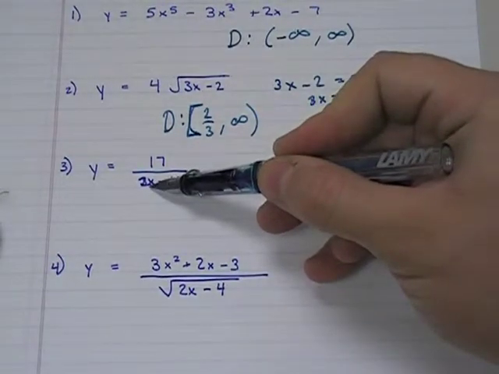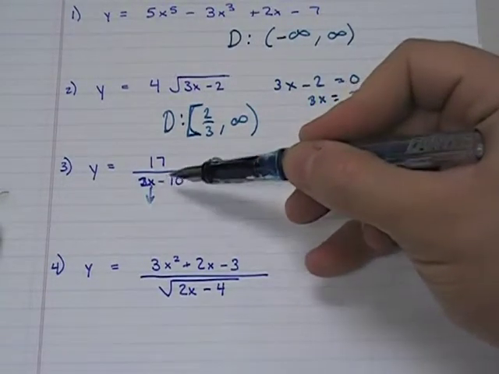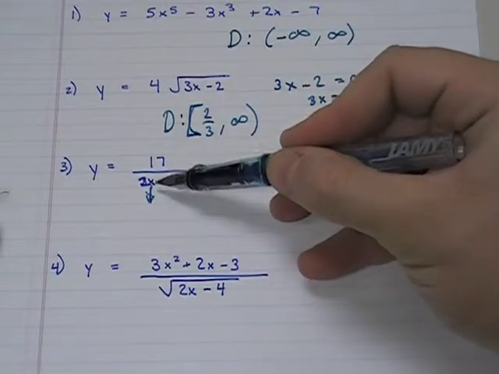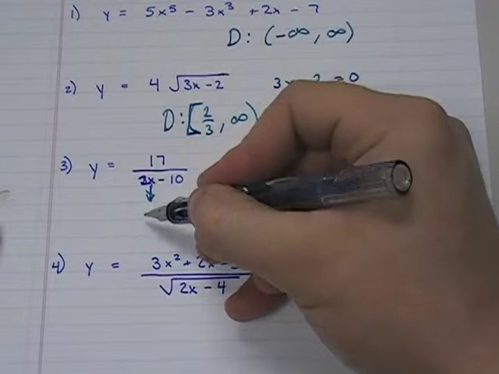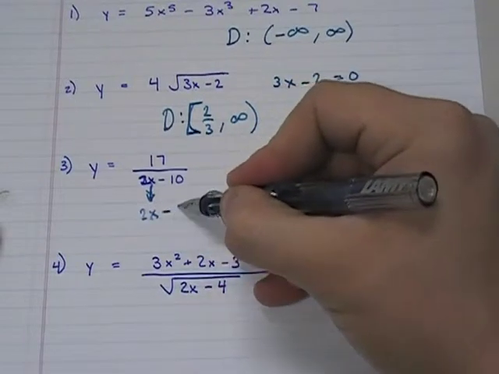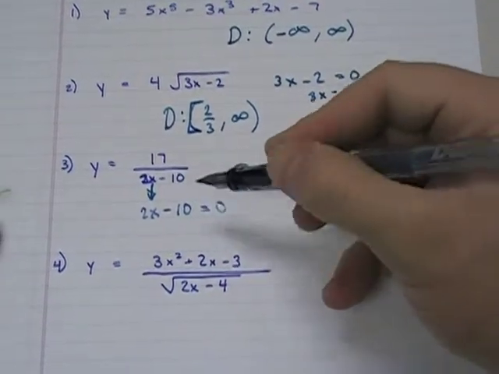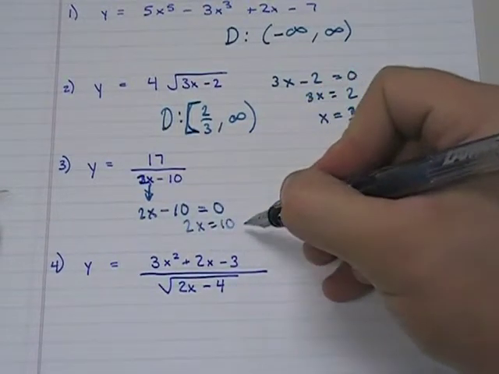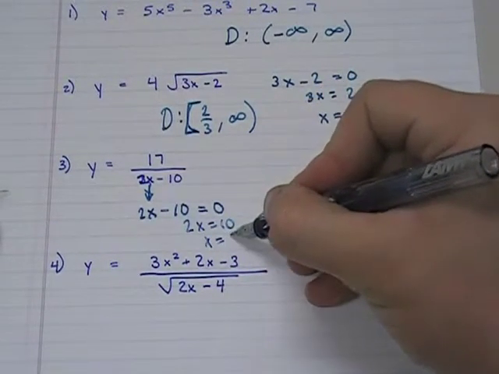Is there a number that I can plug in right here that will make this 2x minus 10 equal to 0? There is. And so I say, okay, 2x minus 10 equals 0. Solve this, you get 2x equals 10, and x equals 5.